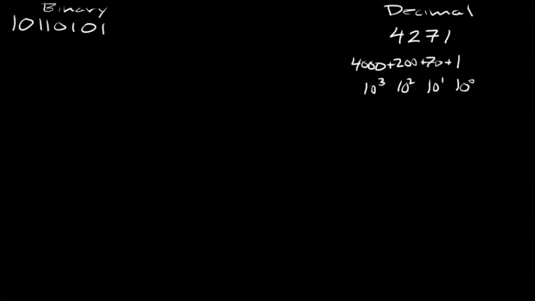Just like how the decimal system works, binary works the same way. It's just that instead of the base being 10, it's 2. So this would be 2 to the 0, 2 to the 1, 2 to the 2, 2 to the 3. I'm going to run out of space here. 2 to the 4, 2 to the 5th, 2 to the 6th, and 2 to the 7th.